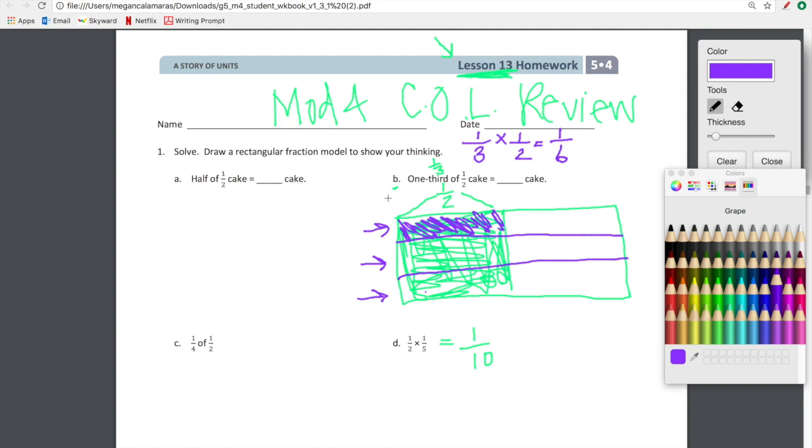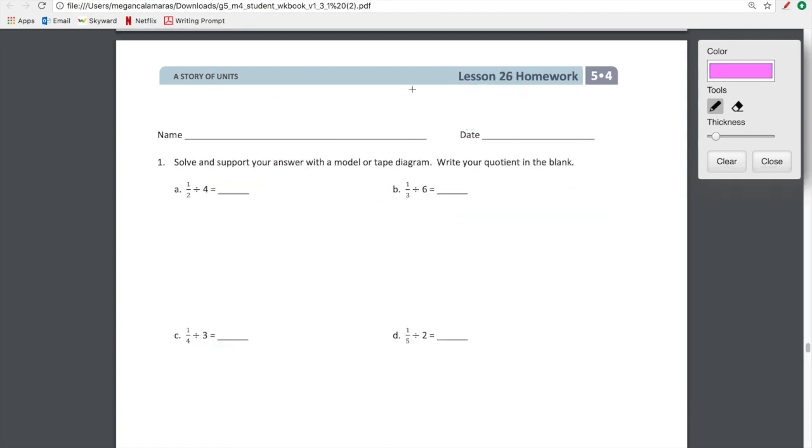Let's see, does our model support that? Yes. 1/3 of 1/2 is equal to 1/6. So yeah, we'll see a few of these.